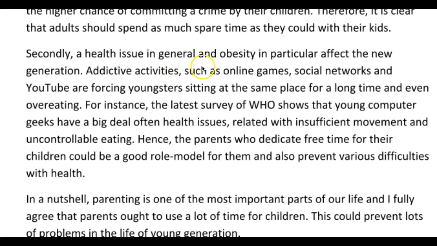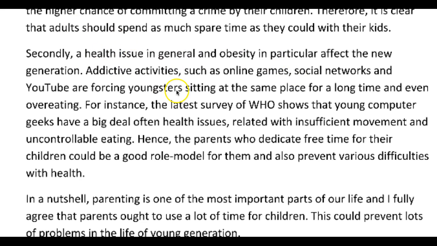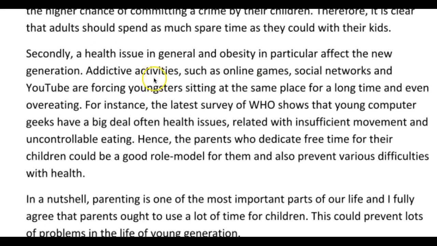Secondly, health issues in general and obesity in particular affect the new generation. Addictive activities such as online games, social networks, and YouTube are forcing youngsters to sit at the same place for a long time and even overeat. Overeat sounds better. So the issue here is it's got nothing to do with parents at all.